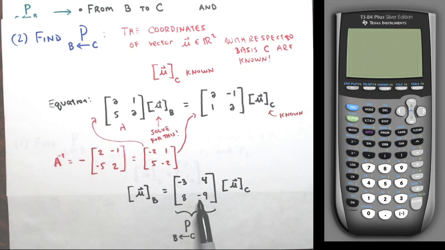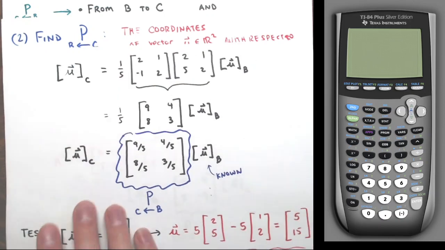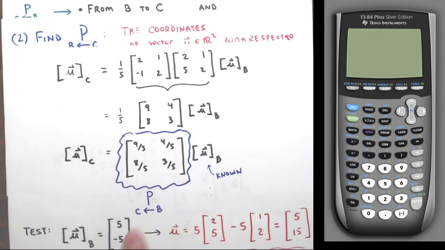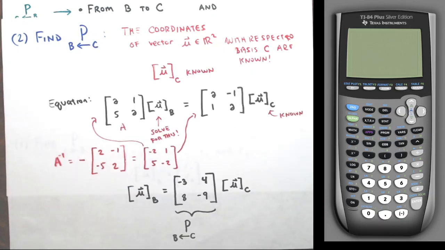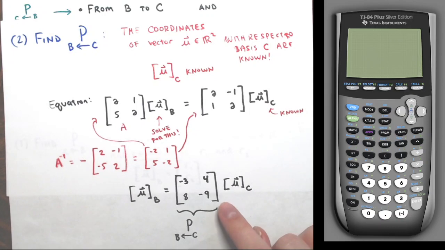And hopefully you can see that this matrix and the one I had earlier, the one with the transition from B to C, the 9/5, 4/5, 8/5, 3/5, should be inverses.